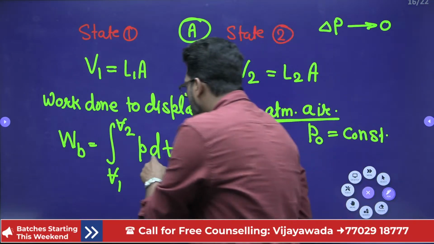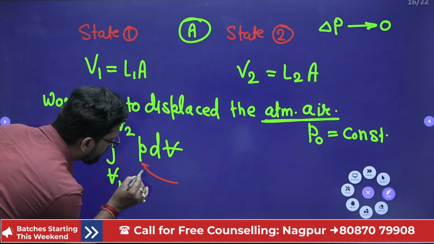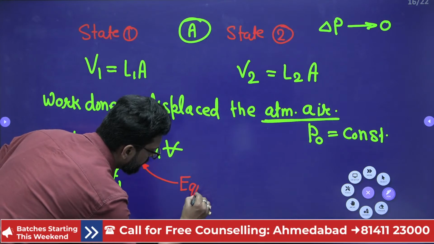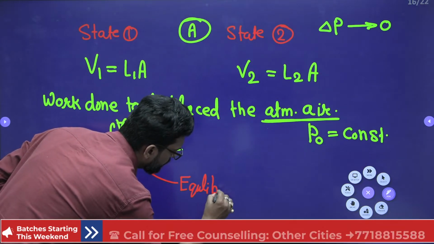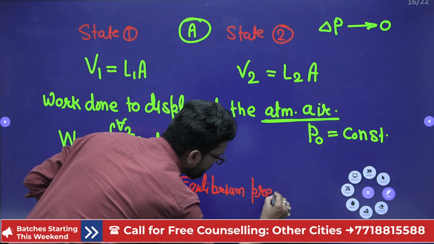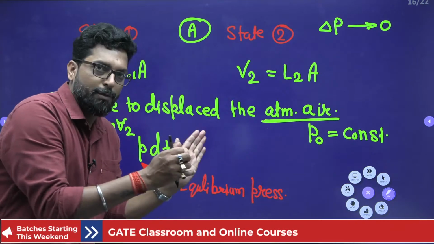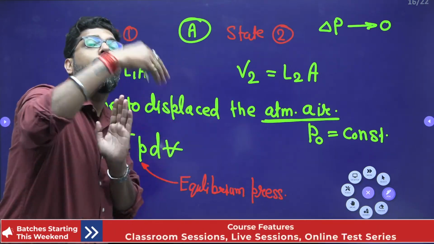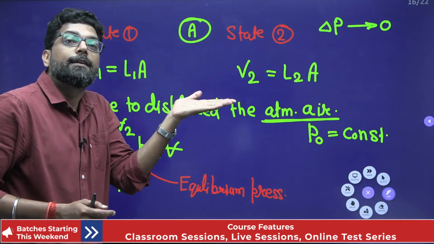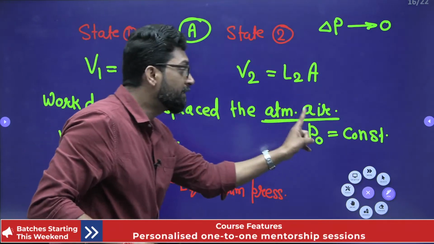Please tell me. So this pressure is an equilibrium pressure. Equilibrium means the system inside and outside is in equilibrium, and during that equilibrium the pressure process happens, and that equilibrium pressure will be responsible to move the atmospheric air.